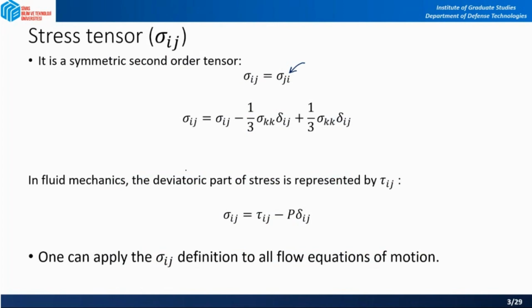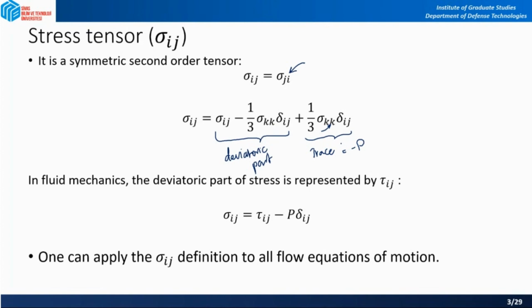The first part of the decomposition is the deviatoric part. And this part, which is 1/3 of sigma kk, is a trace. This is the trace of the stress tensor. Actually, this trace is nothing but minus normal pressure, so pressure forces.